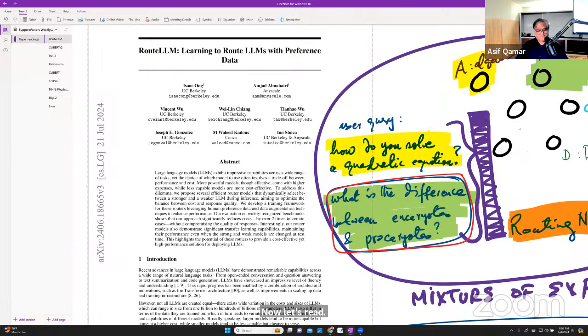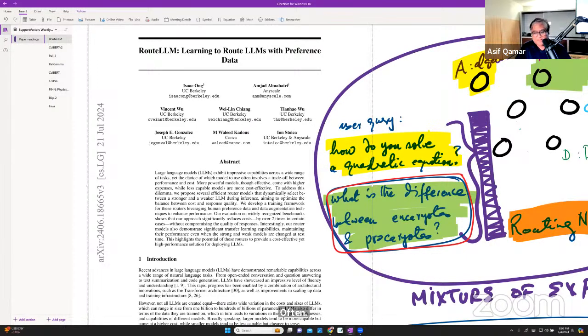So this paper, which comes from exactly these guys, the chatbot arena guys, these Berkeley kids. So what they are saying is large language models exhibit impressive capabilities across a wide range of tasks. Yet the choice of which model to use often involves a trade-off between performance and cost.